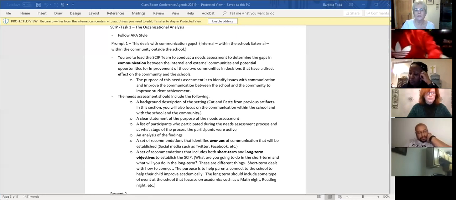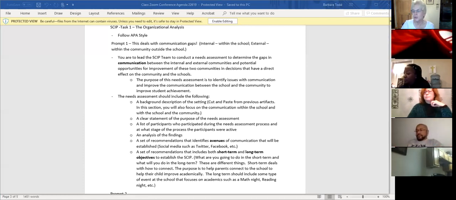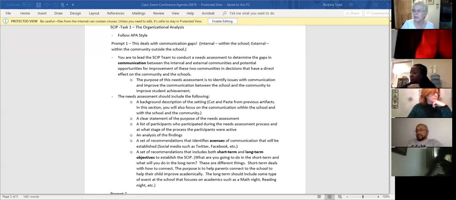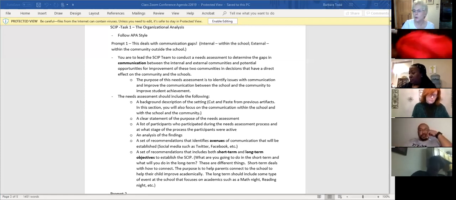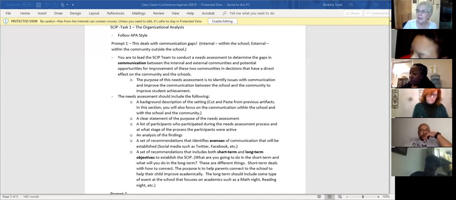Looking at what you're supposed to do, this is a needs assessment only for communication. Make sure you realize that what you're looking for is a needs assessment related to communication. The other key terms are internal and external communities. Internal means the people in your building, the ones that you're interacting with on a regular basis every day.